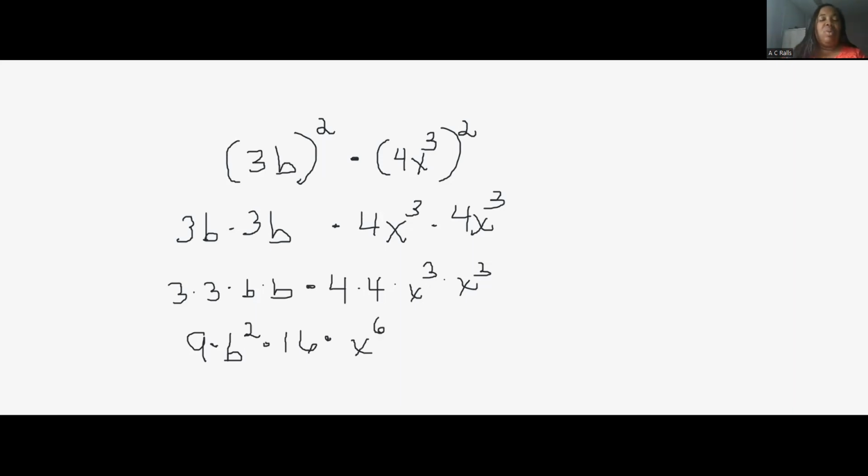Now this looks a little weird with all this separation. There's still some work that we can do. And part of that is multiplying 16 times 9. Please feel free to use a calculator to do 16 times 9. I'm going to attempt to do it over here on the side. So 16 times 9.